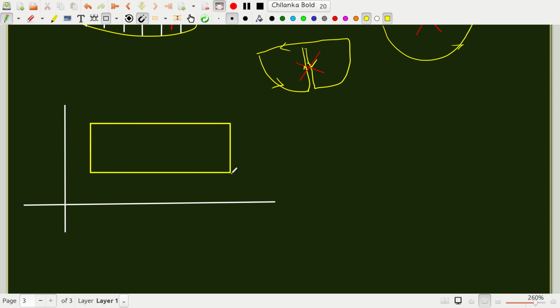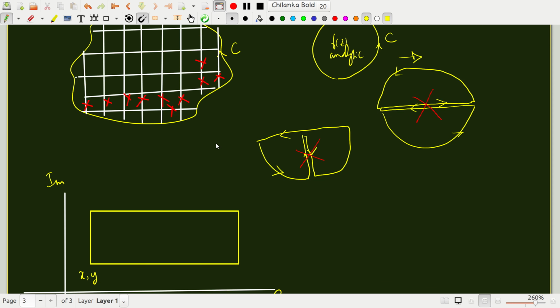So let's take a rectangle, right. Now this rectangle is again in the complex plane. Let's take one of these rectangles here. Let's take some arbitrary random rectangle from here. That's what is shown here, right.